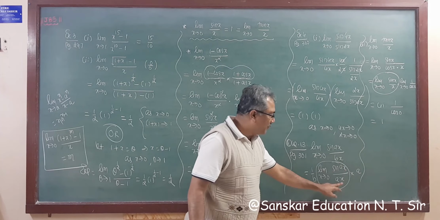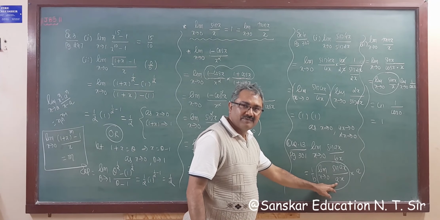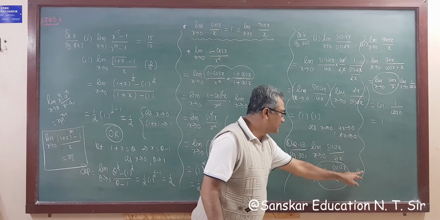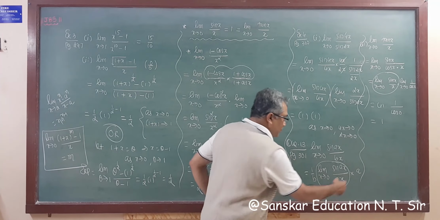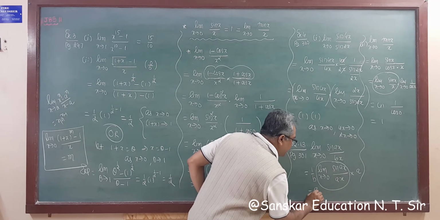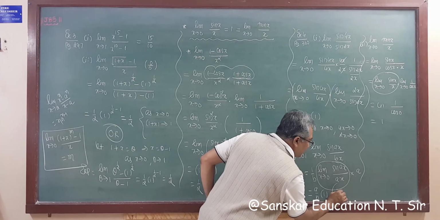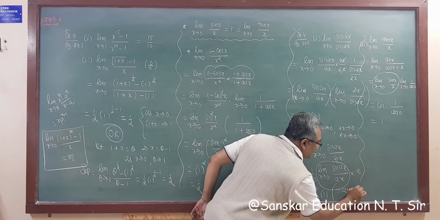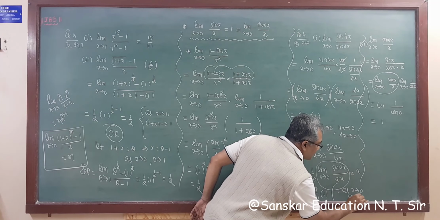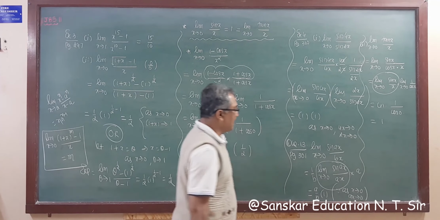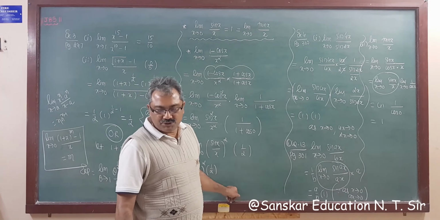Sine theta upon theta. The answer is 1. These are constants, right? So I'm writing the constant outside, and this is 1. And you can give the reason: as x tends to 0, ax tends to 0.